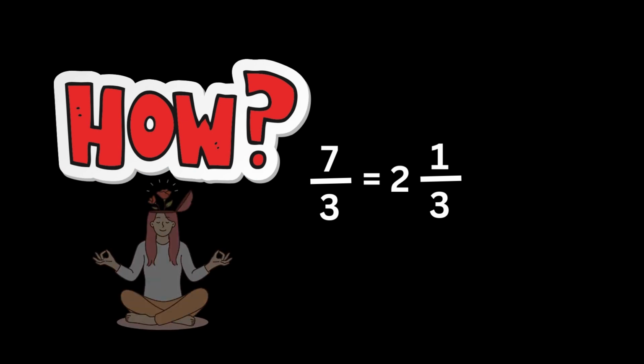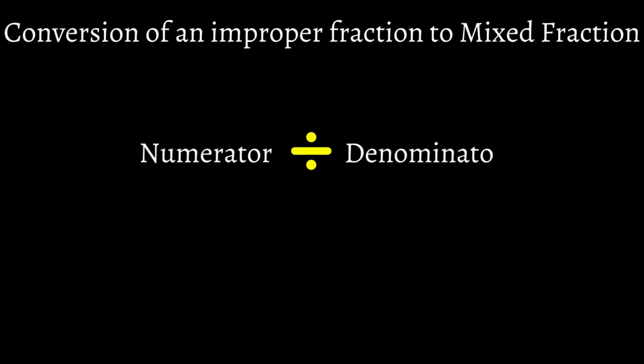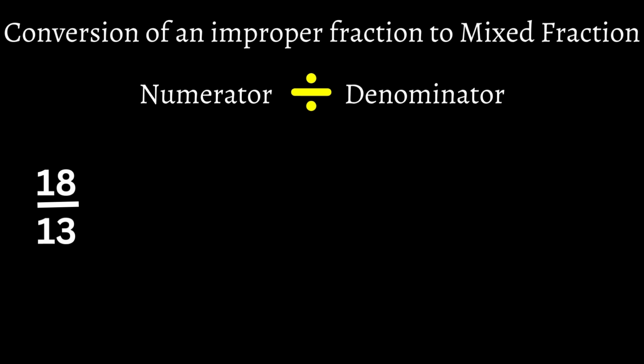But how do we convert an improper fraction to a mixed fraction? It is very easy. You divide the numerator by the denominator through long division. For example, we will convert 18/13 to a mixed fraction. 18 divided by 13 gives us 1 as quotient and 5 as remainder.